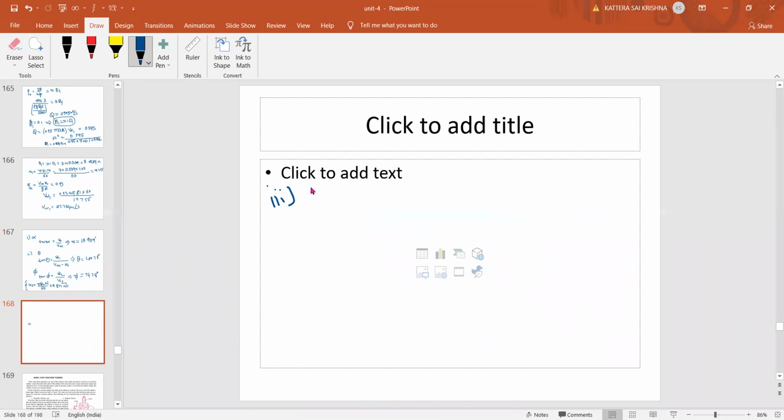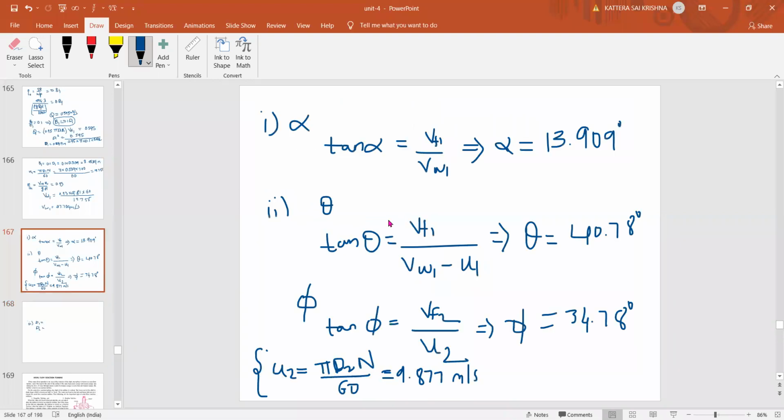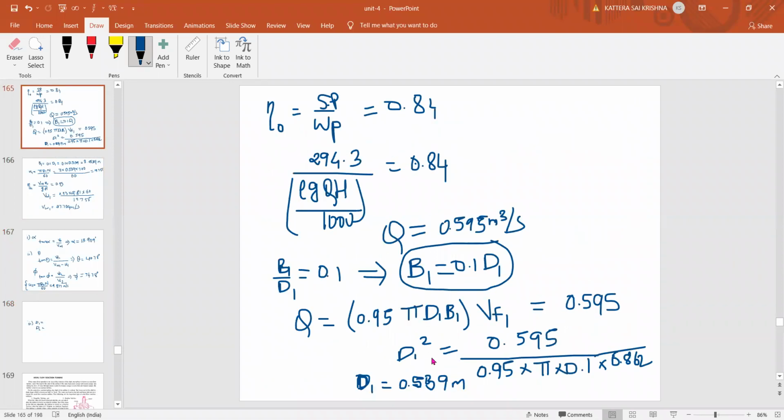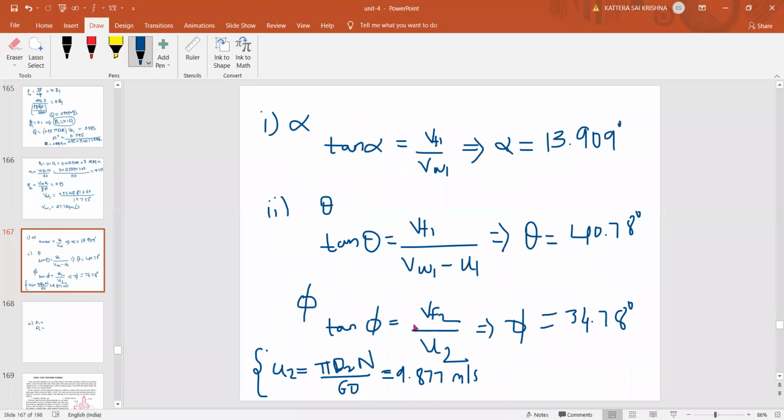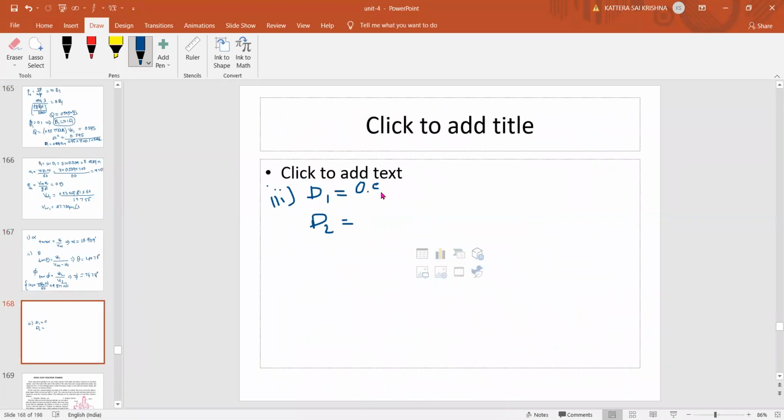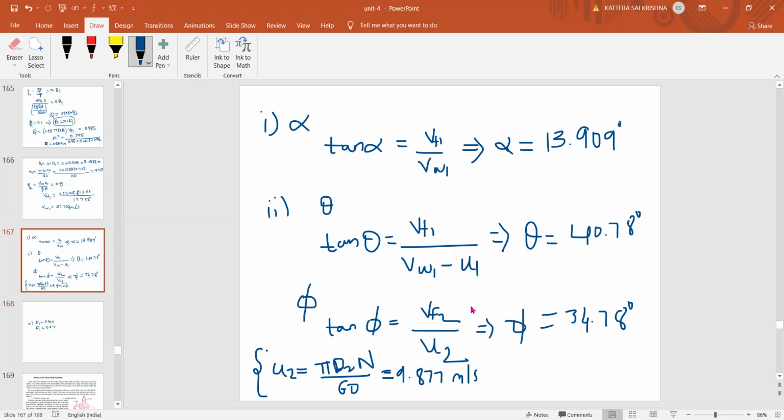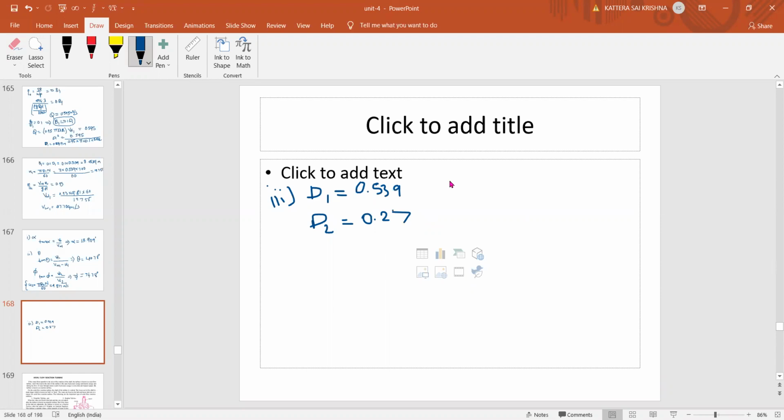D1 equal to what we got, 0.539. Then D2 is half of this, 0.269. Okay, you can write that.